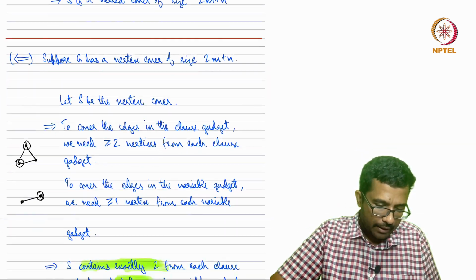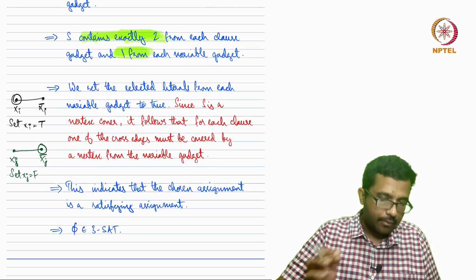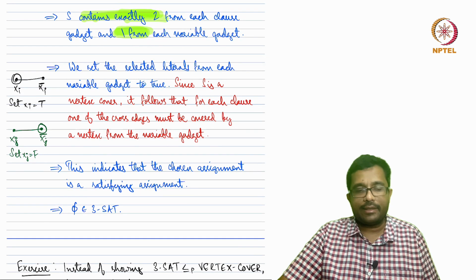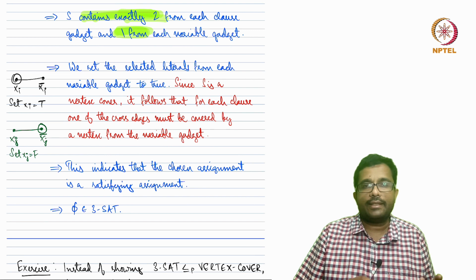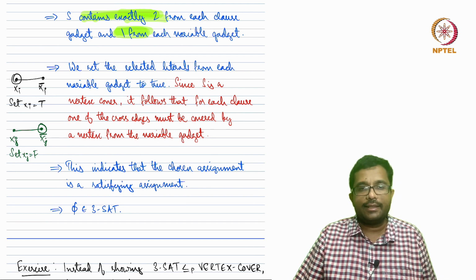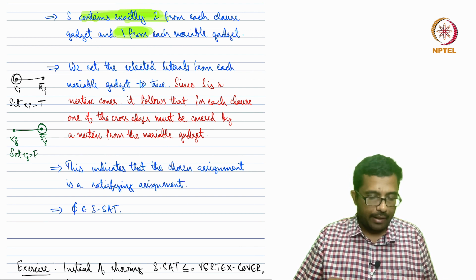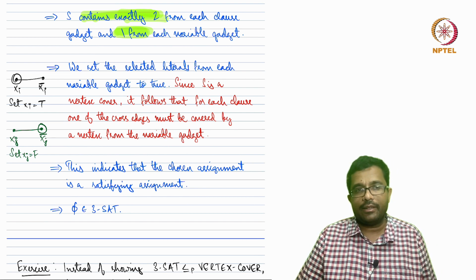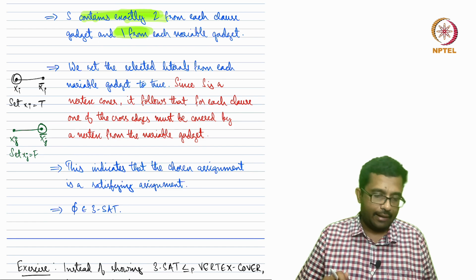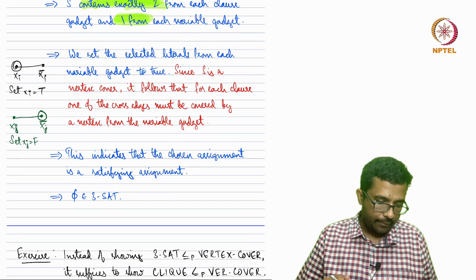And that completes both sides of the correspondence, and that implies that the formula phi is in 3-SAT if and only if the constructed instance G,k is an instance of vertex cover, which means G has a k-sized vertex cover, where k is 2m plus n, right?